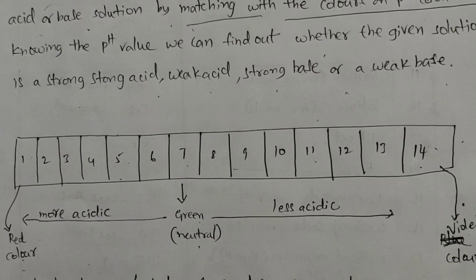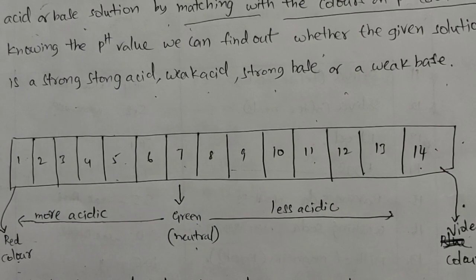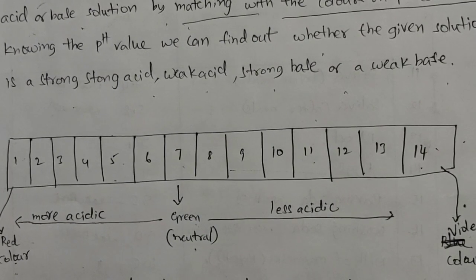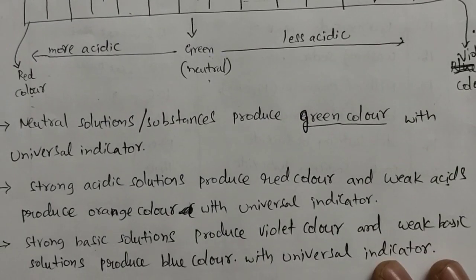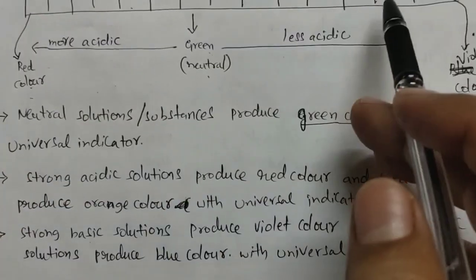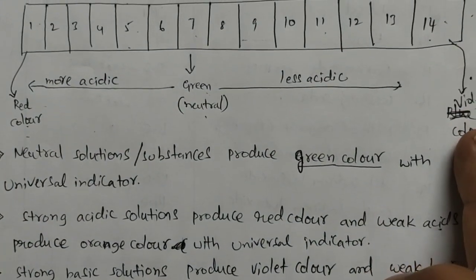So by using the universal indicator and the pH chart, one can find the pH of a given solution, in other words, the strength of a given acidic or basic solution. So here I am giving only 3 examples. All the colors are not important. Only 3 colors you have to remember.